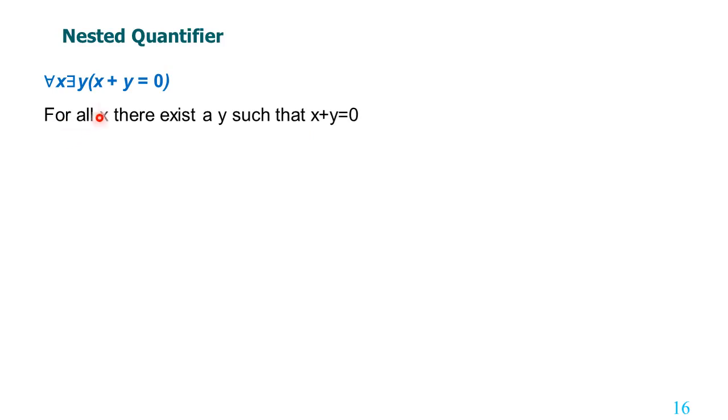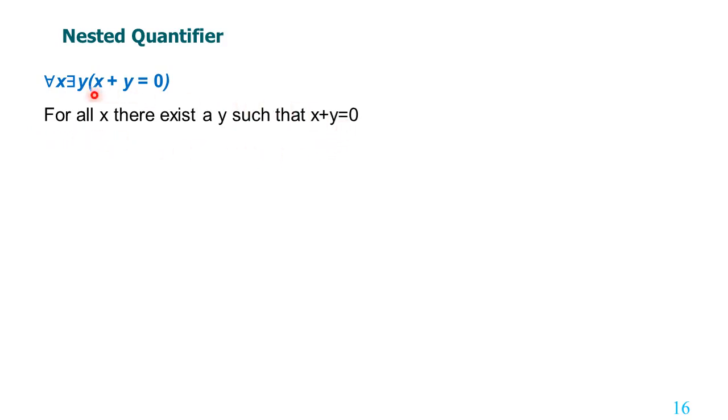For example, for all x means if we take any integer value, say 2, then there exists y, that is minus 2, such that 2 plus minus 2 is equal to 0. In this way, for all x there exists y such that x plus y is equal to 0.